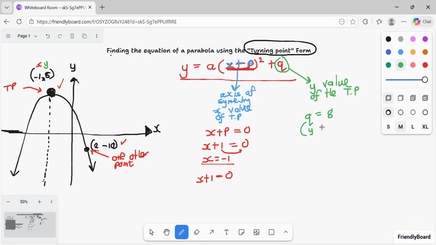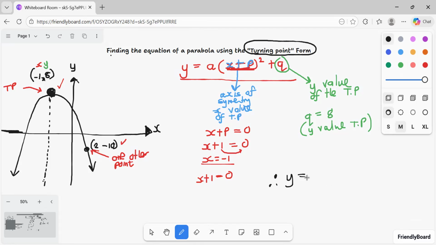The y value of TP, or turning point. Okay, so we can then conclude that therefore y is equal to, I'm now subbing in the q, which is 8, and the x plus 1, which is my x plus p there.